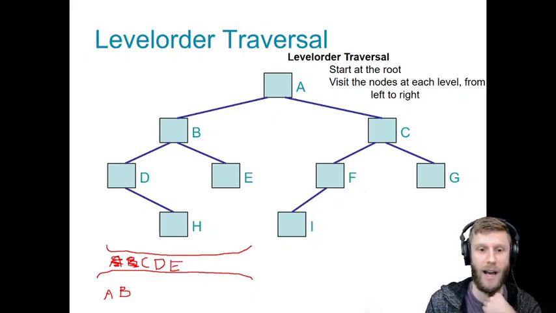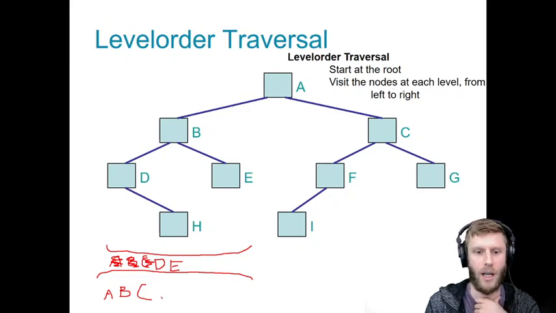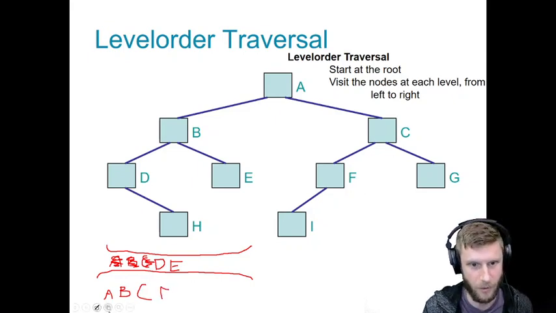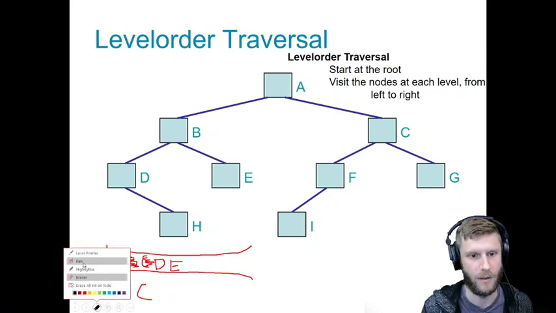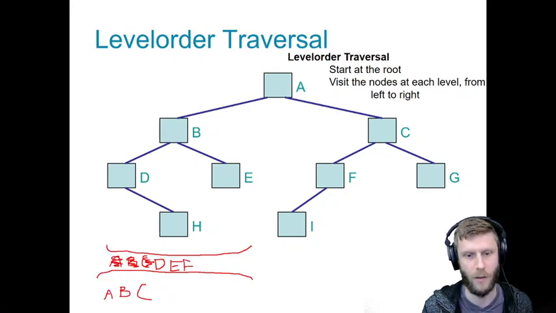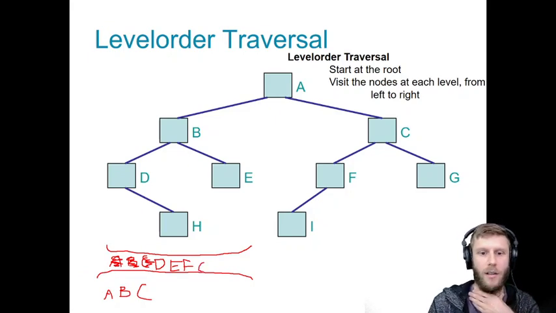Great, we're done. Now dequeue. We have C. Print it out. Enqueue its left child, and then enqueue the right child, G. Okay, now dequeue. Print out the D. Add the left child, there's nothing there.